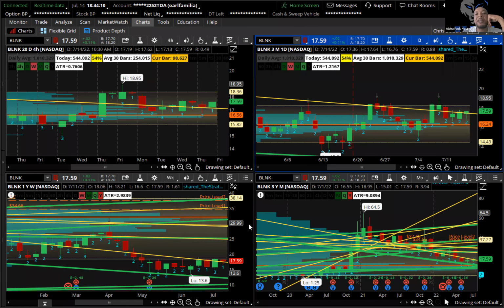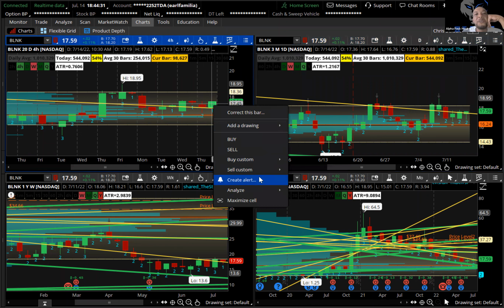It's just been tracking sideways for so long. What do we got here? Looking at the microcosm of just tomorrow, we got a favorable trade to the upside. I'm going to set the alert for the 4-hour.